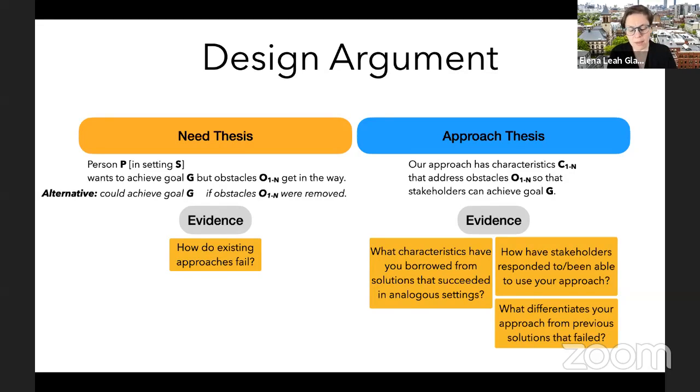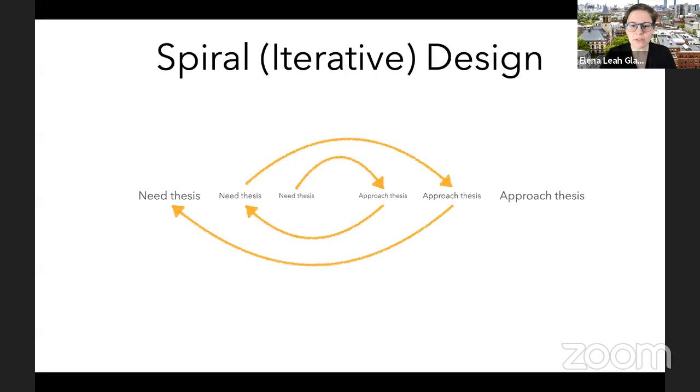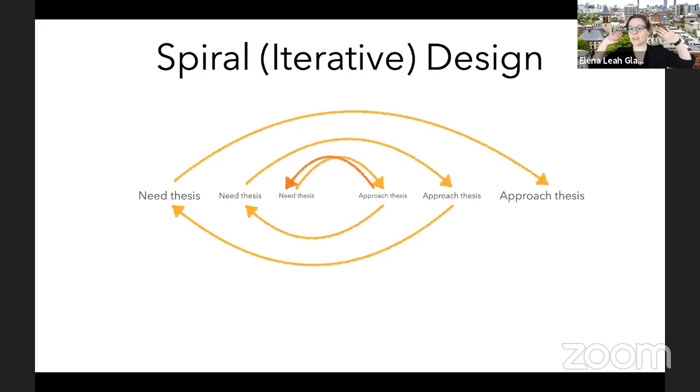And also, when I talked about those different rounds, right, you can start with your approach. You can say, I woke up from this dream and I had this amazing thing and it's so cool and everyone's going to want it, right? And I think the challenge is just to believe in that idea, modulo some tweaks.